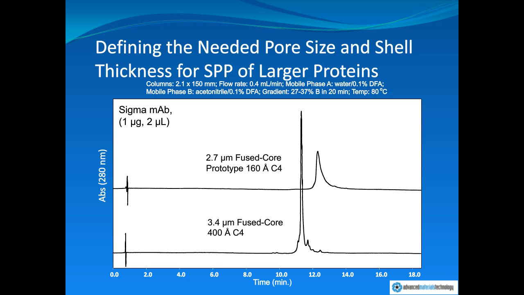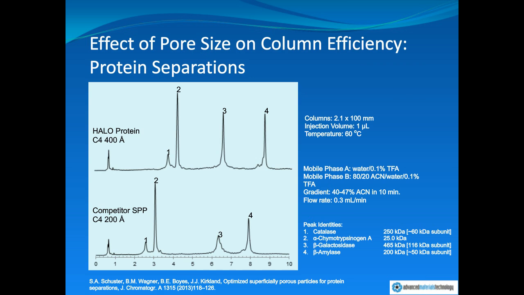And at the time that we were really diving into this, the only other commercially available enlarged pore, superficially porous particle that was available to us, not made by us, was a 200 angstrom pore size superficially porous particle.